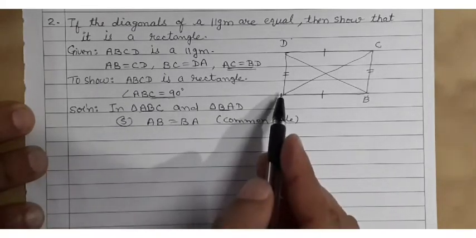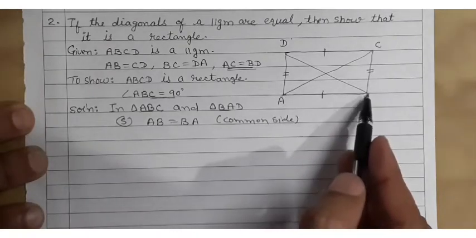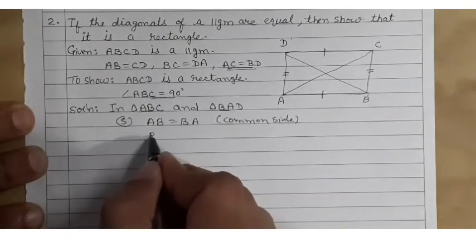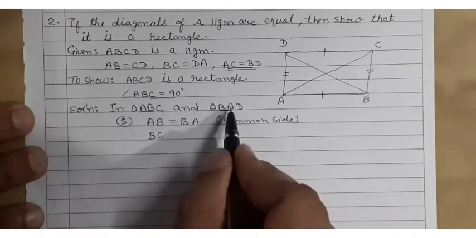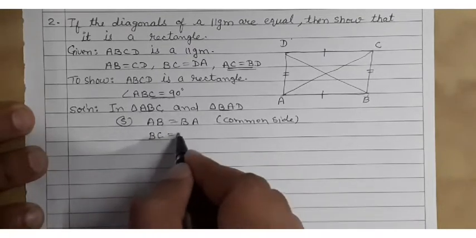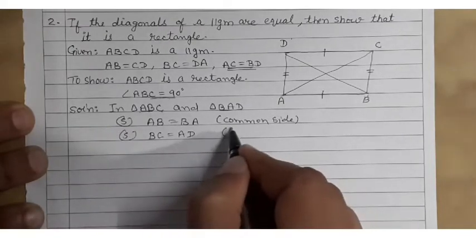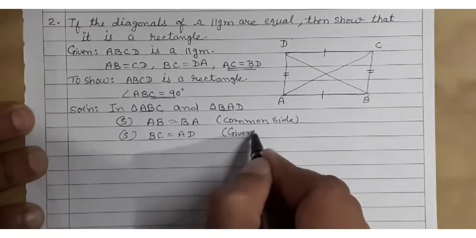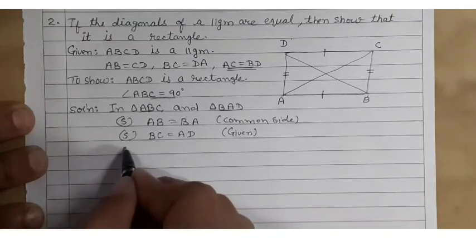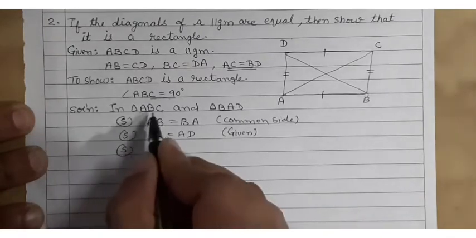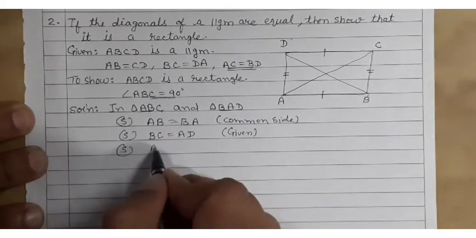Then take BC from here. If this side is BC, then this side here is AD. BC is equal to AD. Now you can say it is given. And third, AC is equal to BD.